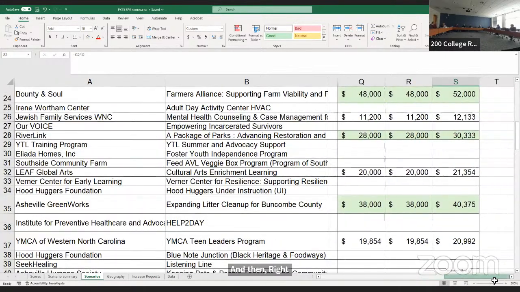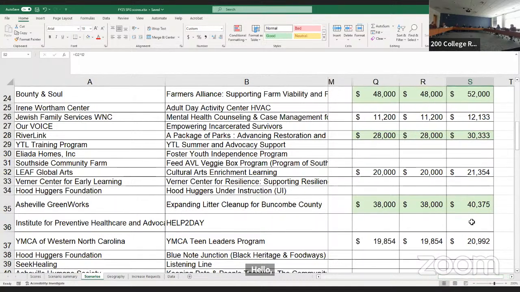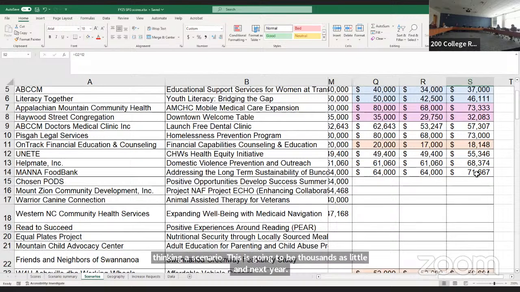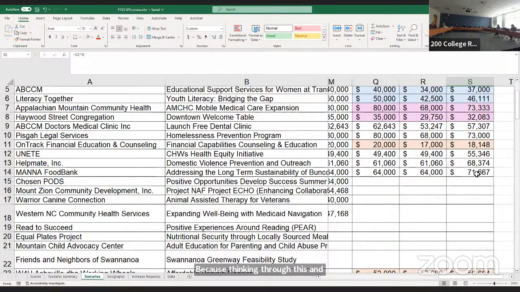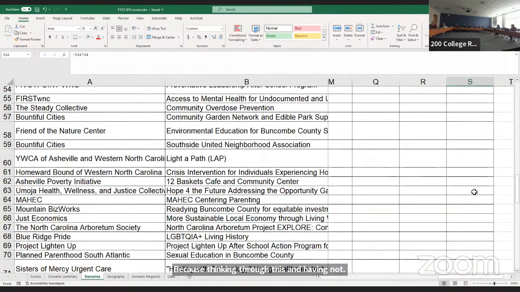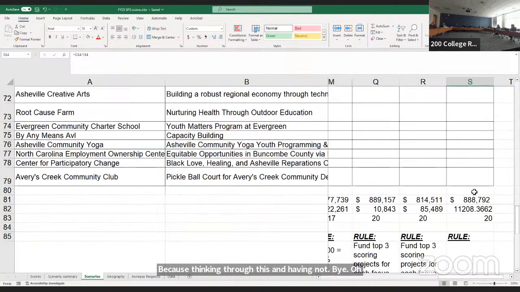And I don't want to get too far ahead of it for the bigger conversation once it's over. But I do think it's worth considering when we are thinking a scenario, is it going to be applicable to next year? Because thinking through this and having not thought about it before, if I knew what the scenarios might be, it might affect how the scoring is controlled or laid out.